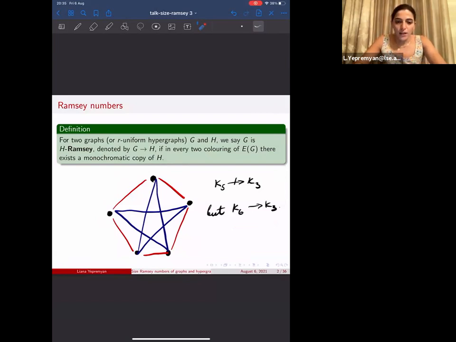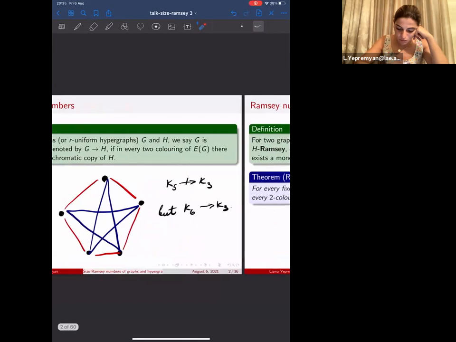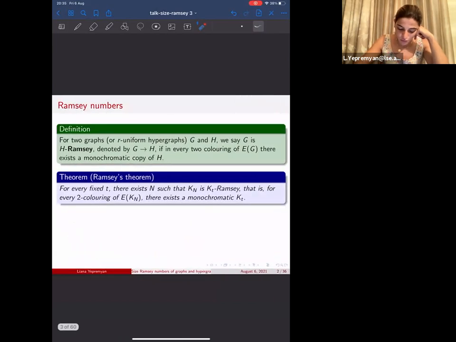Okay, so today I'm not going to talk about Ramsey numbers, but the classical Ramsey theorem says that for any fixed t, there exists a big N such that the complete graph on N vertices is Ramsey for Kt.